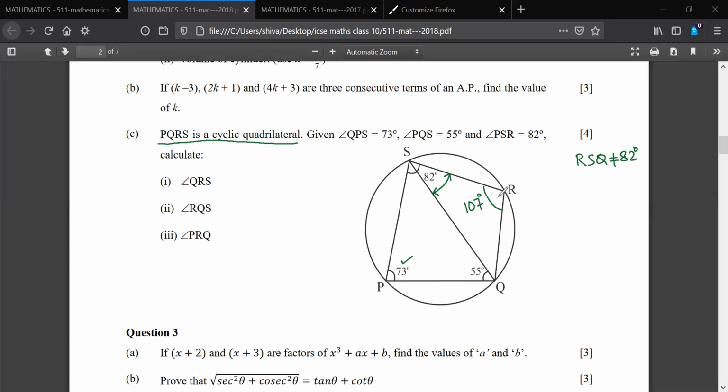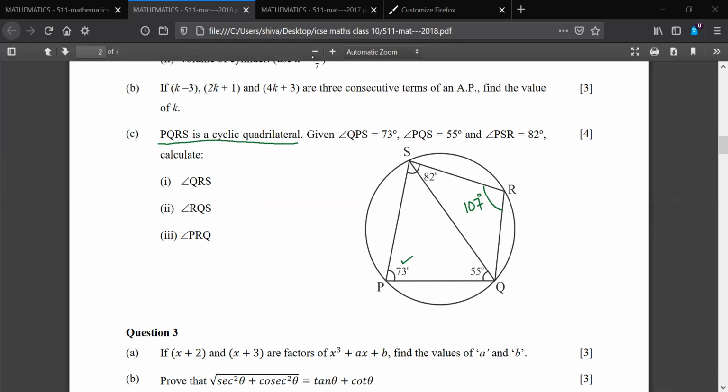And anyways, I need to find angle RSQ. So this can't be 82 degree because 107 plus 82 would make it 189 degree. So this confusion I shouldn't be having. So this whole of the angle is 82 degree.